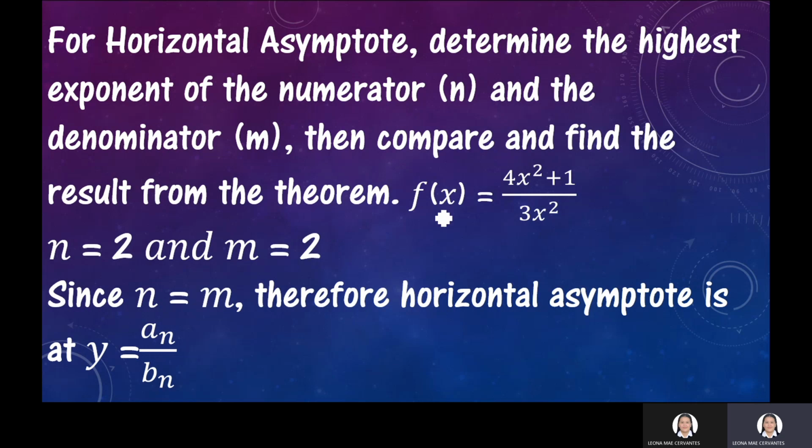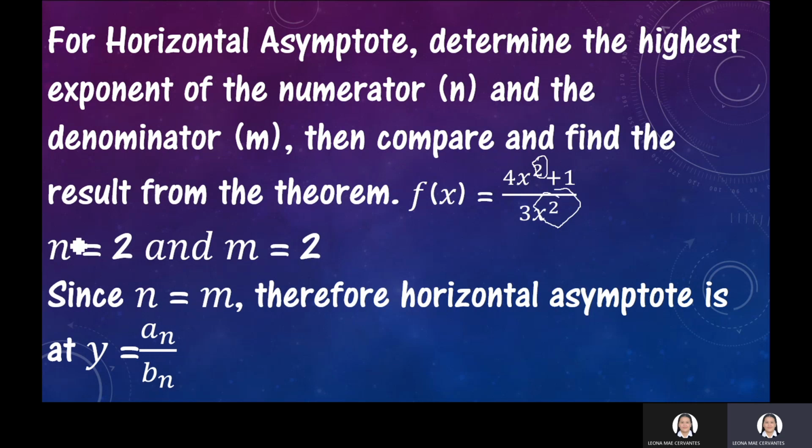So, given is f of x is equal to 4x squared plus 1 over 3x squared. So, highest exponent ng numerator is 2. Then, highest exponent ng denominator is also 2.